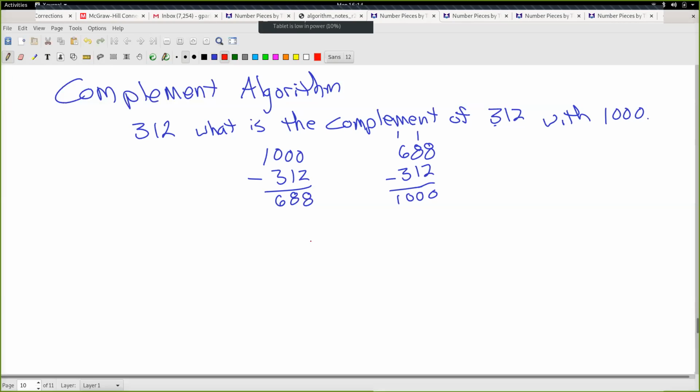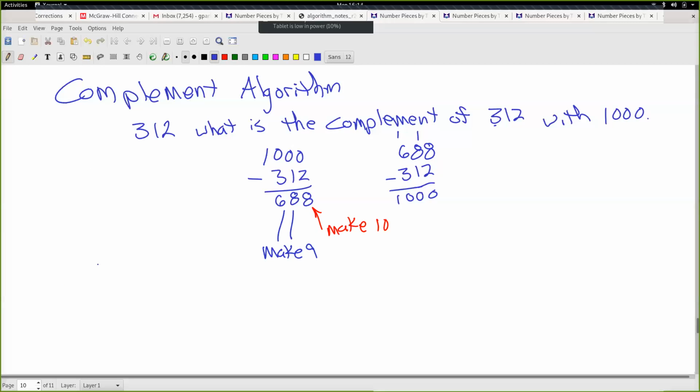And the trick is what you want to do in the first one is make 10. And then for each of the other places, you want to think, what do I have to do to make a 9? And it's a quick way to subtract out of 1,000 or really any power of 10, 1,000, 100, 10, 10,000, a million.